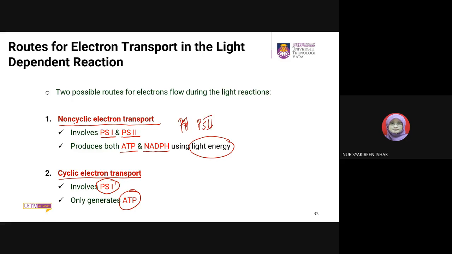Photosystem 2 yang akan start dulu. Lepas tu baru photosystem 1.